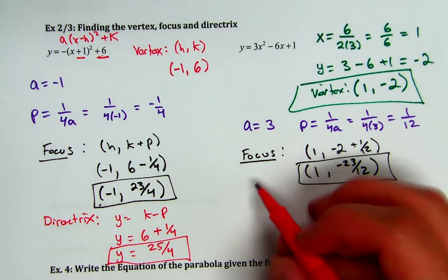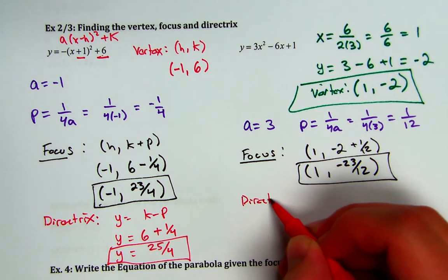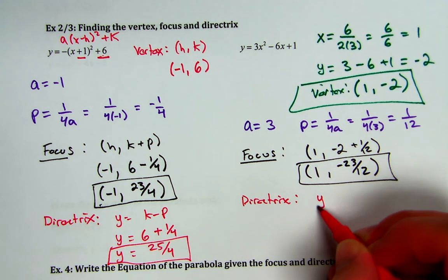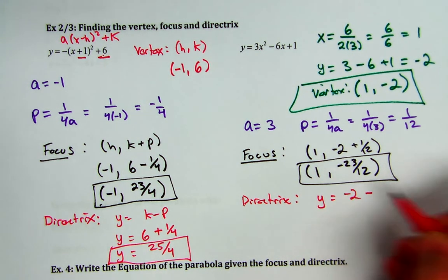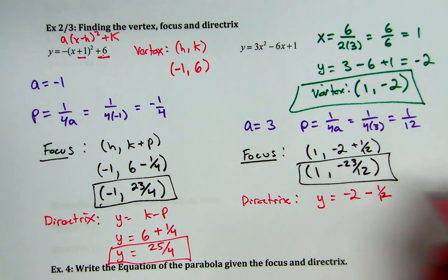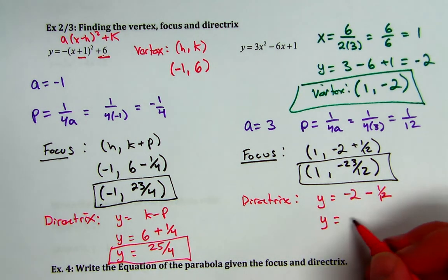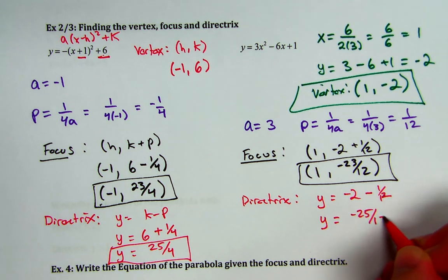And finally, the directrix. Y equals, take negative 2, we're going to subtract 1/12. So subtracting 1/12, that's negative 2 and 1/12. Y equals negative 25 over 12.